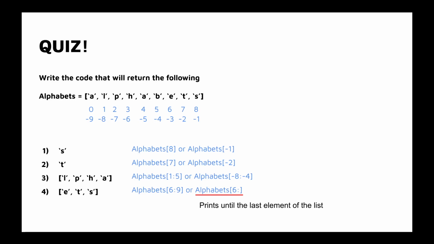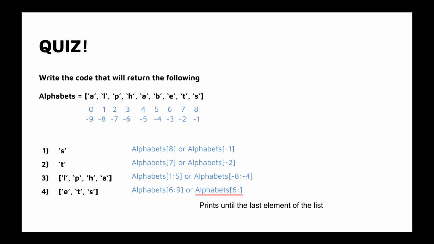So by using positive or regular index, we can do 1 colon 5, which includes elements from 1 to 5 with 5 exclusive, or we can use negative index.